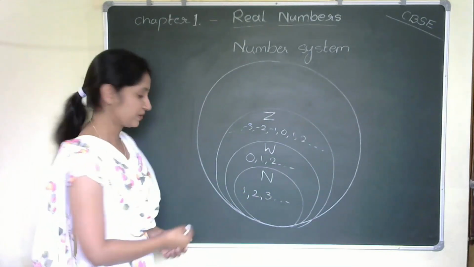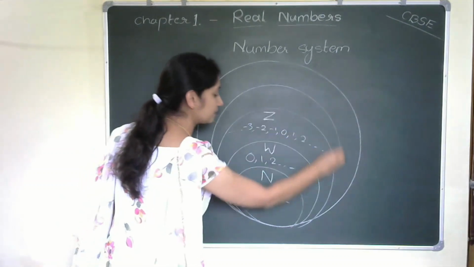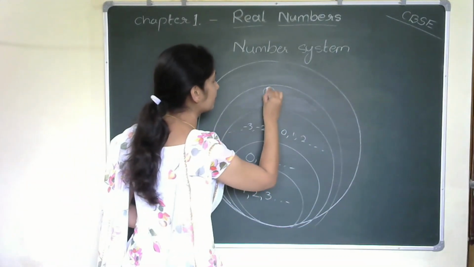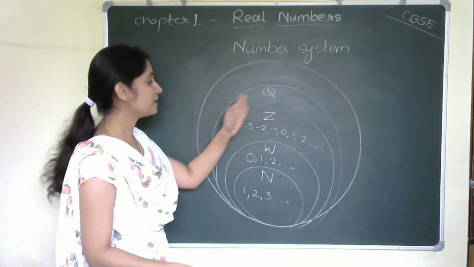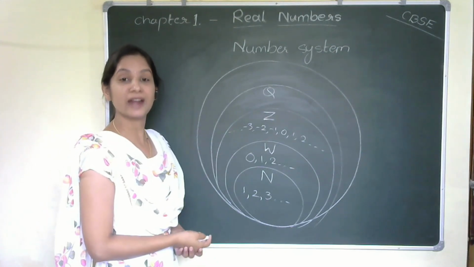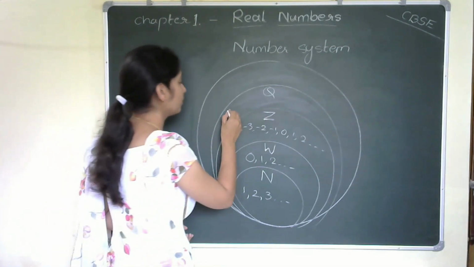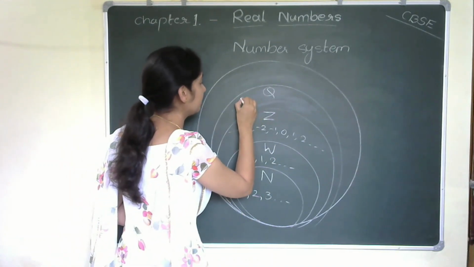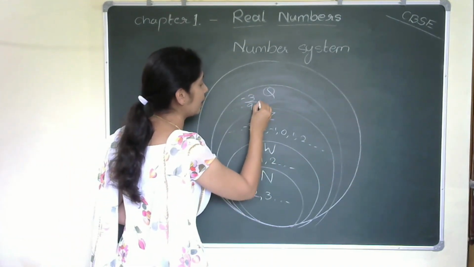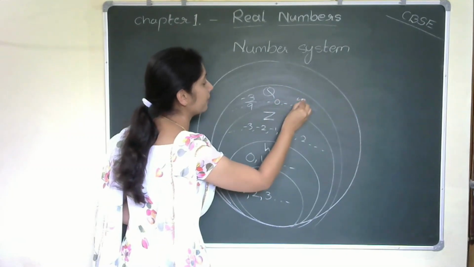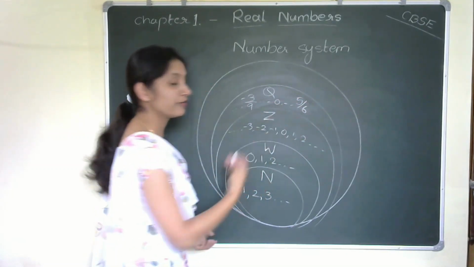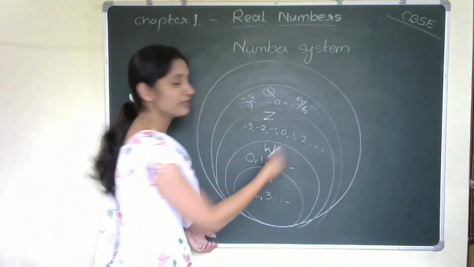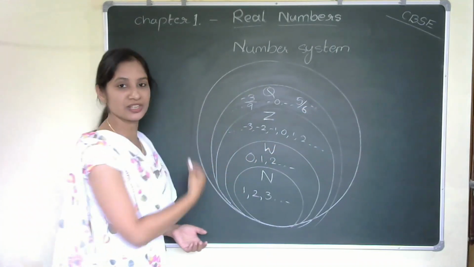So I'll write -3, -2, -1, 0, 1, 2 and so on. And then comes rational numbers. We denote it as Q. The numbers involved are fractions. We can take any example for Q. It may be -3.9, 0, 5/6. It is of the form p by q. And then comes irrational numbers.